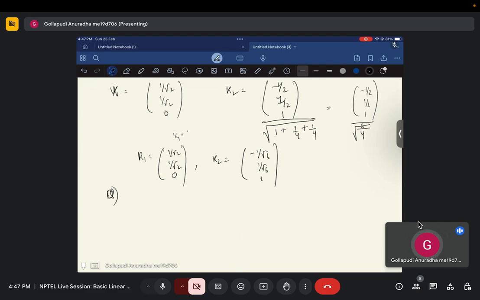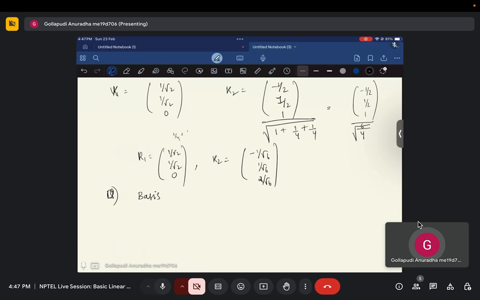If I'm giving you a basis. Oh, just one minute. No, what I'm saying is, for K2, why is the third term 1? It has to be root over 2 by 3, no? Minus 1 by root over 6, 1 by root over 6, then root over 2 by 3. No, that is fine. I'm sorry for that. No, that is correct.